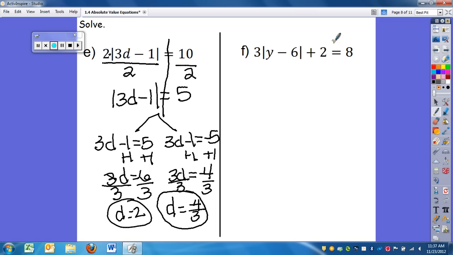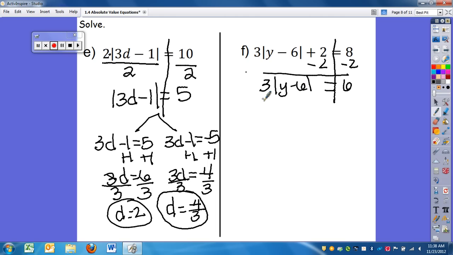So on F, I have two things that are actually on the outside of the absolute value sign. I have a plus 2 and 3. Normally when we solve equations, we have to move the adding and subtracting part first. So I'm going to minus 2 from both sides. So I have 3, the absolute value of y minus 6 equals 6.